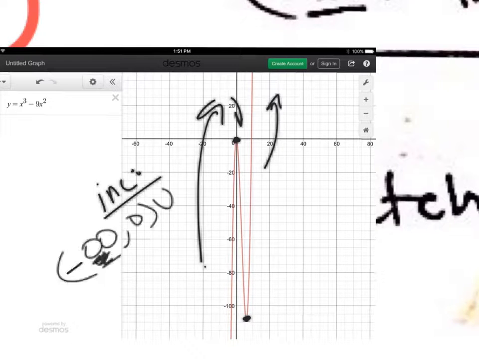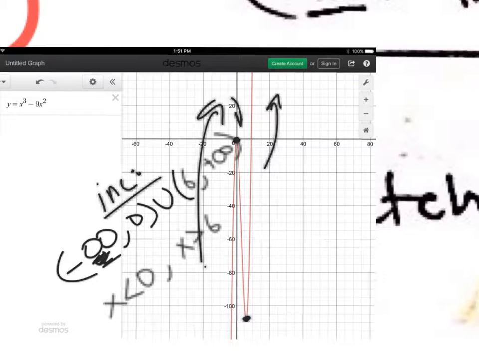So we could write that as from negative infinity to 0, and then union or comma. It's also increasing after x equals 6. So that would be 6 to positive infinity, not 8.